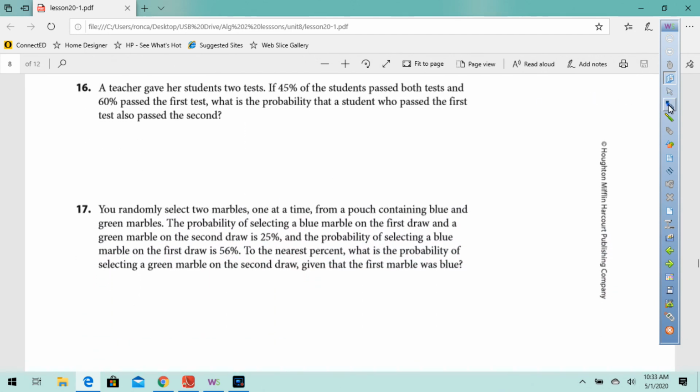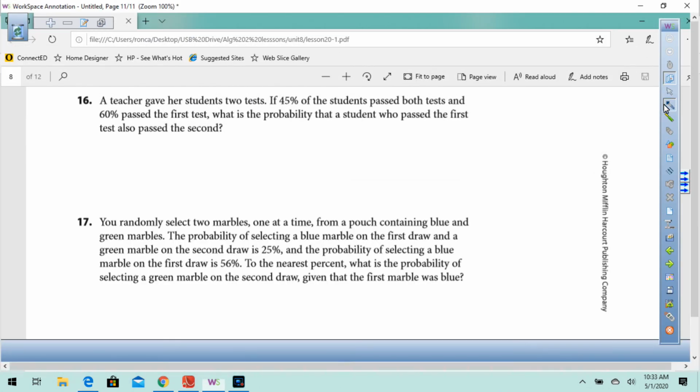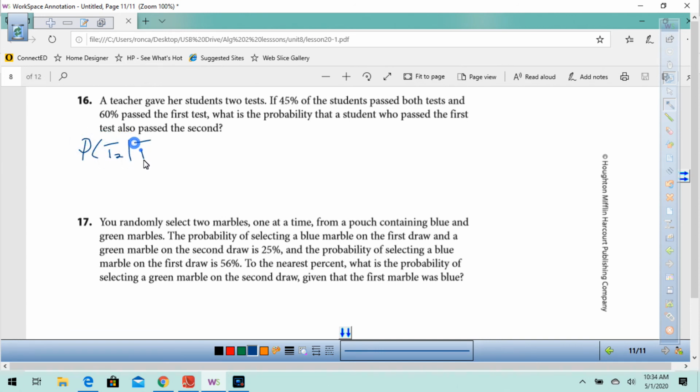16. A teacher gave her student 2 tests. If 45% of the students pass both tests and 60% pass the first test, what is the probability that a student who passed the first test also passed the second test? So the probability they passed test 2, given that they passed test 1, let's see, 45% passed both, so we got 0.45.